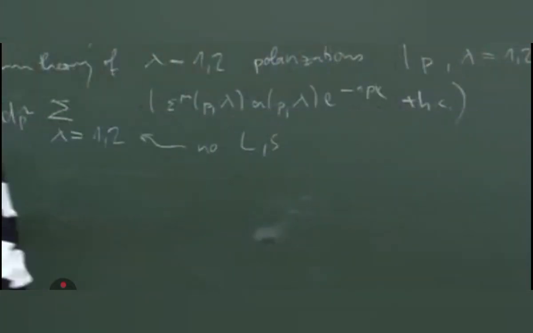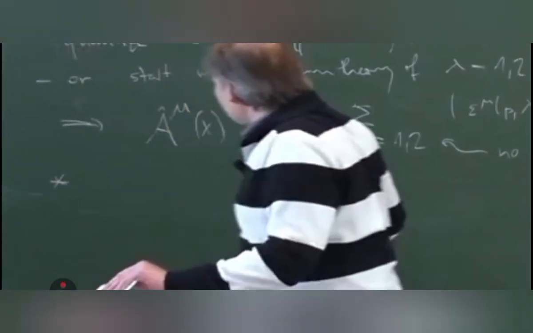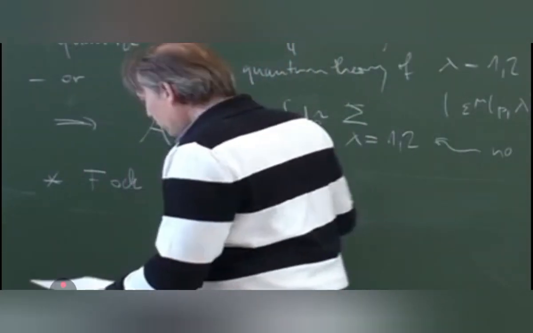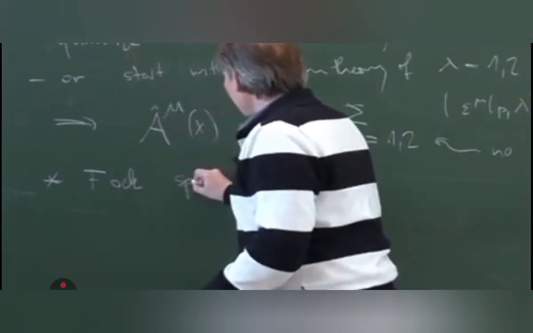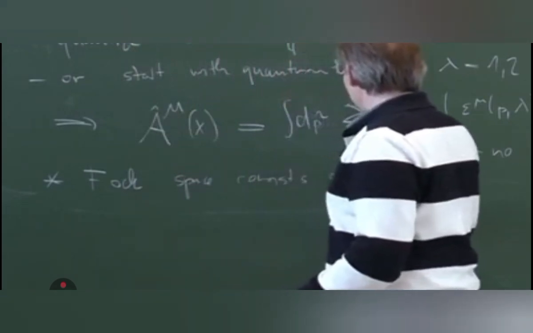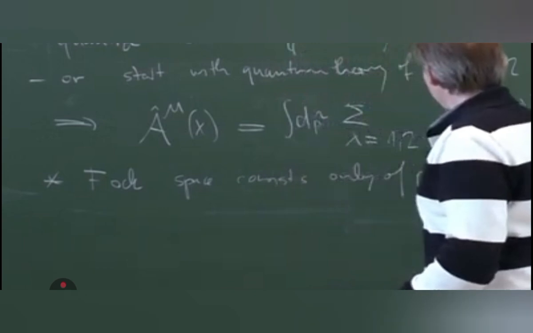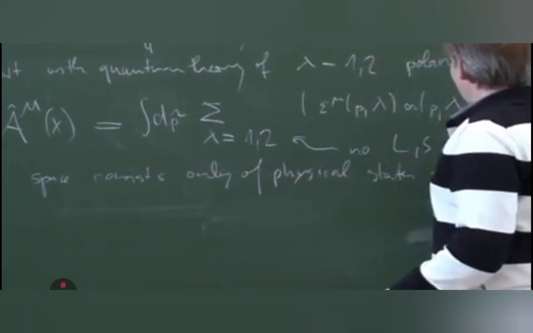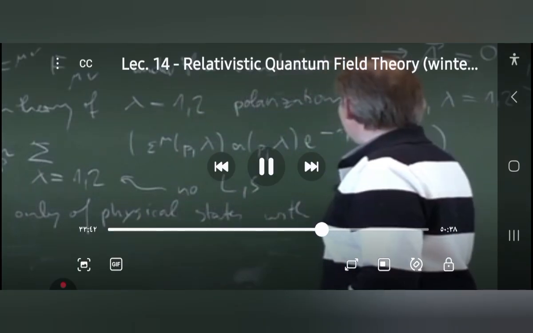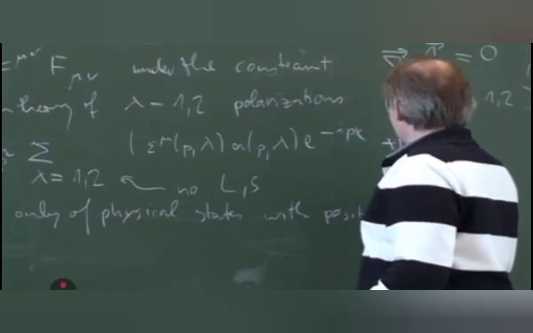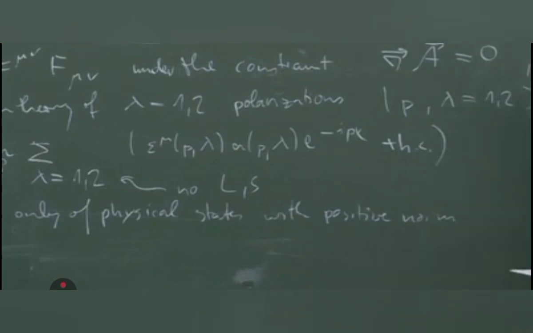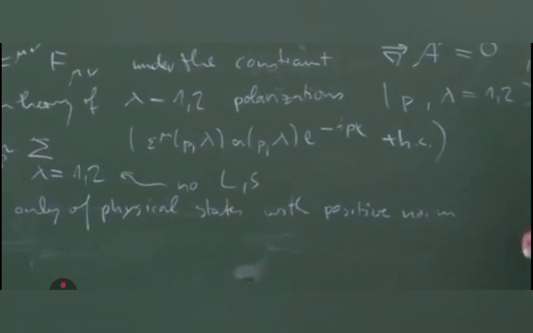And okay, so we have essentially already said what is the outcome of this, and so let me just write it down coherently once more. The Fock space consists only of physical states. They have positive norm, and they have the correct interpretation as massless spin 1 particles.